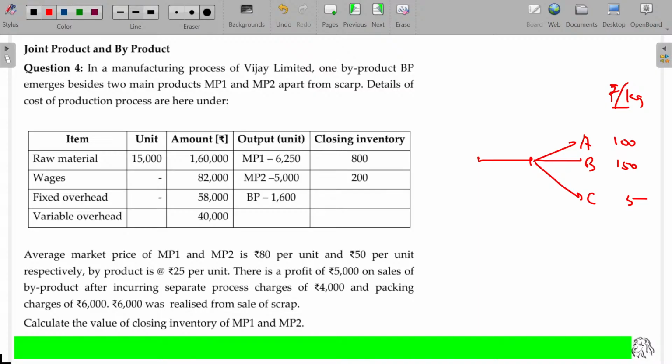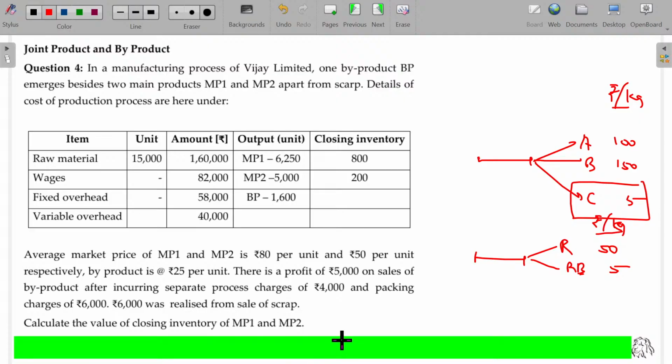So after the joint process, we get 3 or 4 materials where one of the materials is very, very least important for marketability. Then this material is called what? Byproduct. In case of paddy converted into rice, what do you get? Rice and rice bran. Rupees per kg, this may be say 50 rupees, this may be say 5 rupees only.